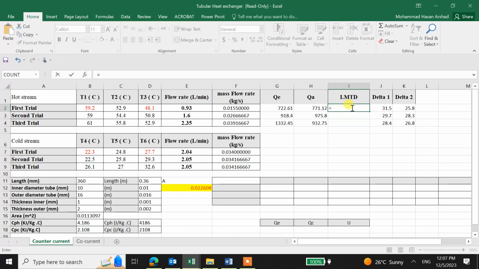Now LMTD is delta T1 minus delta T2 divided by Ln of delta T1 divided by delta T2.